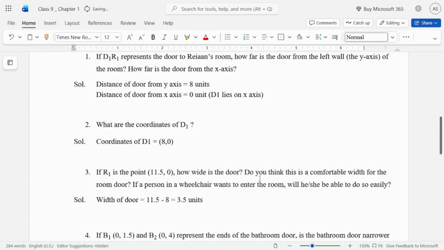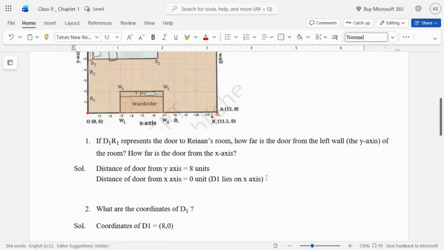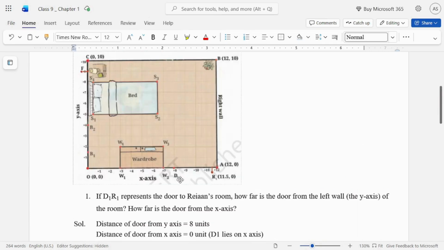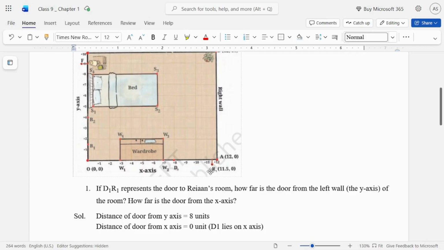Moving to second part, do you think this is a comfortable width for the room door? To answer this question, let's compare this width with any other object in this image. Let's compare with this bed. Okay, the width of this bed is 5 and 8, which is 3 units. Okay, and we have found the width of door as 3.5 units.